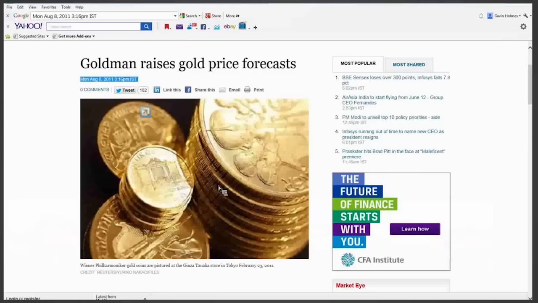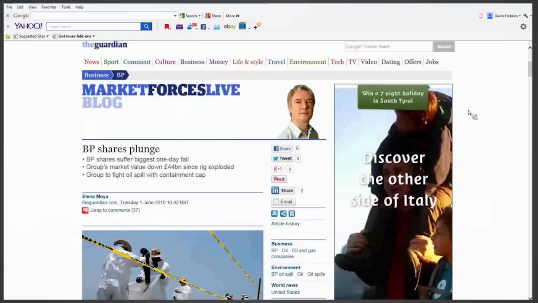Now, if we look at a story that was very much in the news in 2010, and I will use a historical chart for this, here was the news. BP shares, now note the date, June 2010. BP shares plunge. They did. Group's market value down 44 billion since the rig exploded.